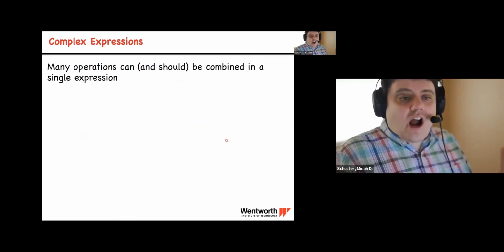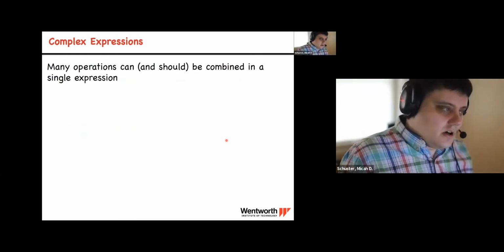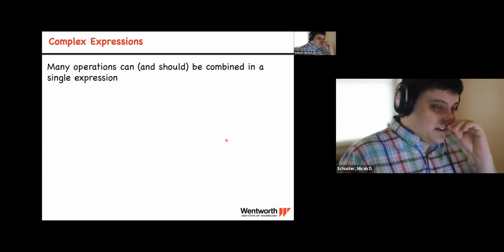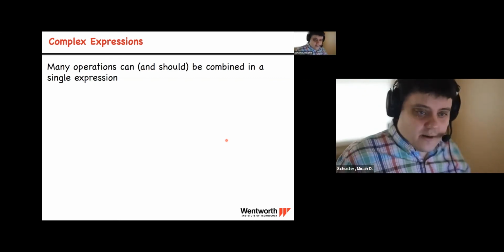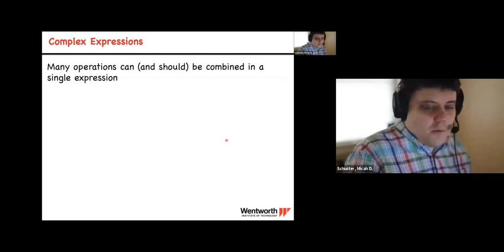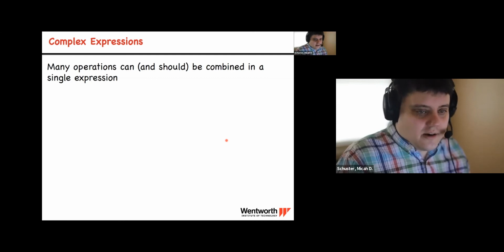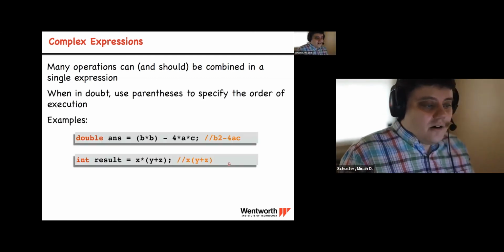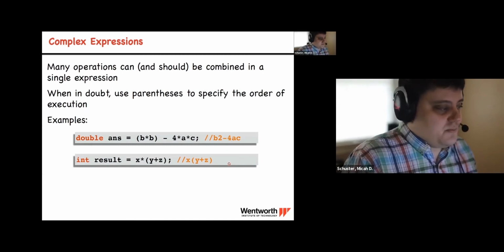All right, for more complex expressions, you can combine them into a single expression. You don't necessarily have to. You can create more variables and do each little part and then combine them at the end. But for longer calculations, you can typically have them on one line. When in doubt, use parentheses to specify the order of execution.